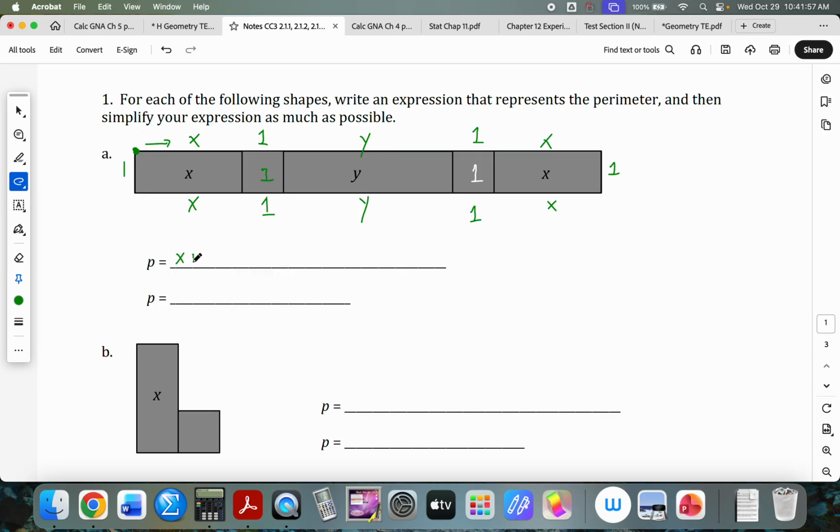I've got x plus 1 plus y plus 1 plus an x. That gets me all the way to the end. Plus 1 on the right side. Now I'm coming back around. x plus 1 plus y plus 1 plus x plus 1.